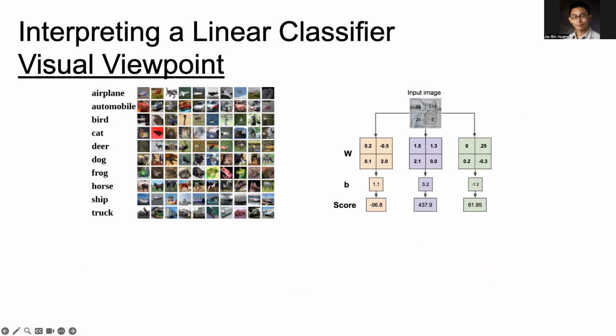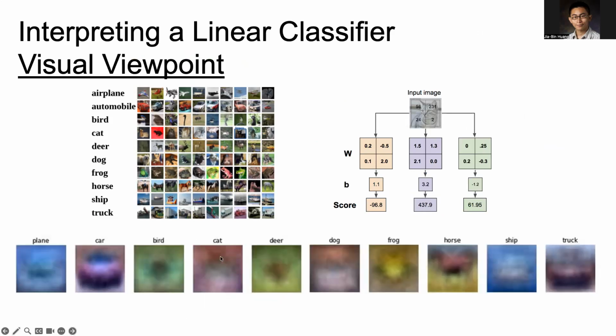If you train on 10 classes, this is what the linear classifier looks like. You can see that the car classifier looks like maybe this red car mostly. If your images correlate well with this kind of shape, it will have a high score.